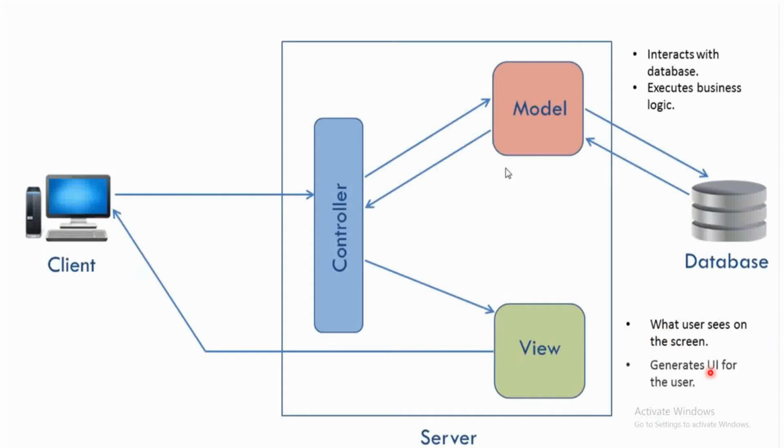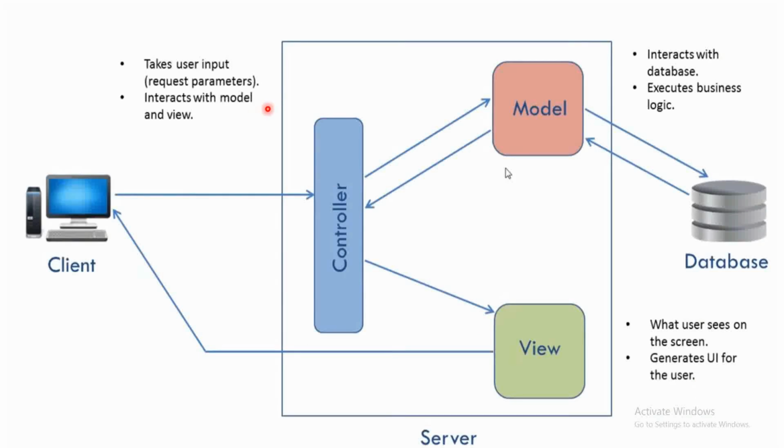It generates the user interface for the user. And our controller takes user input, also called request parameters. It also interacts with the model and the view. So our controller basically acts as a middleman between our model and view.